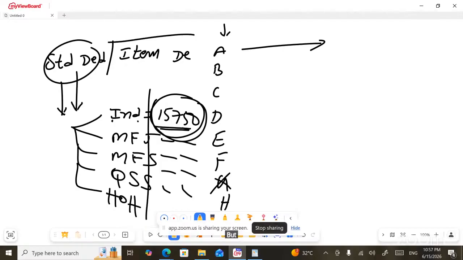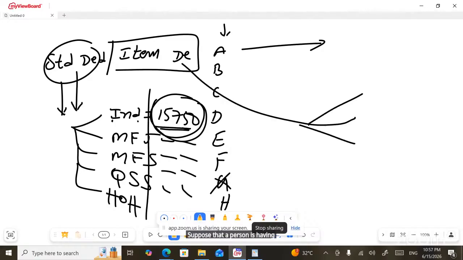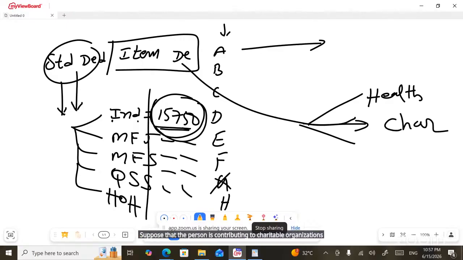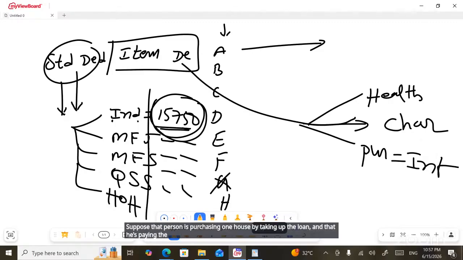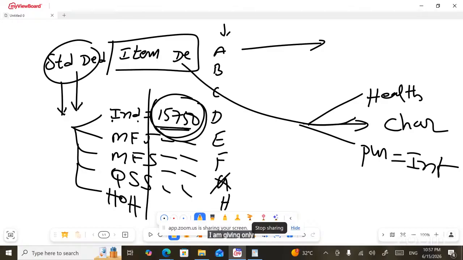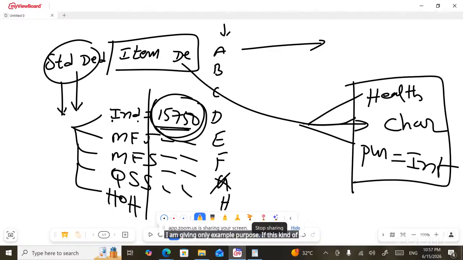But coming to itemized deduction, suppose a person has a health issue. Suppose the person is contributing to charitable organizations. Suppose that person is purchasing a house by taking a loan and paying interest on it. I am giving these only as examples. If these kinds of payments are made by the taxpayer, he can claim a deduction in the name of itemized deduction.